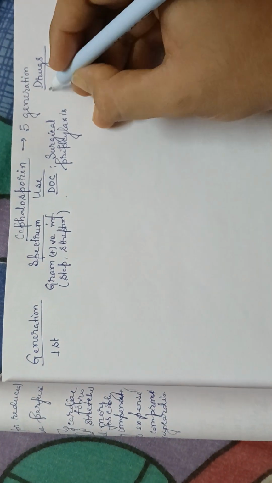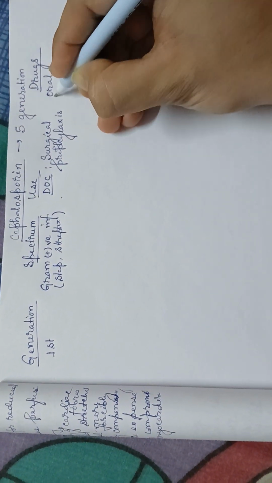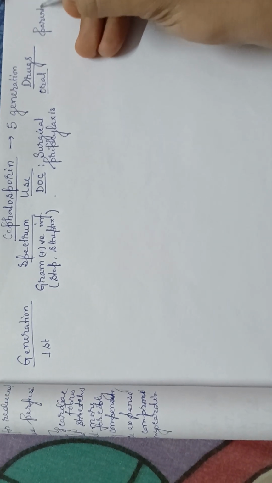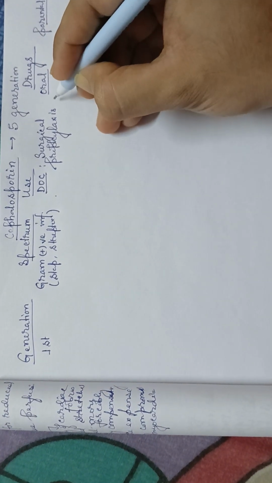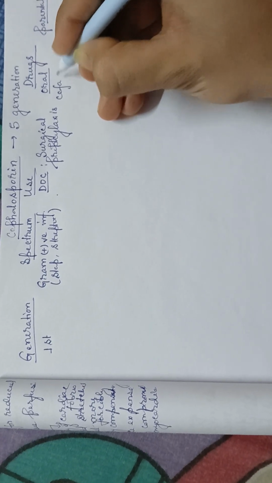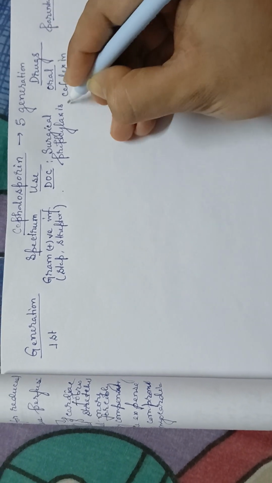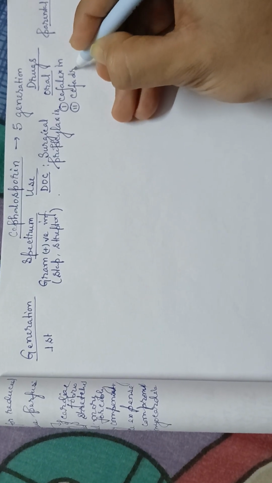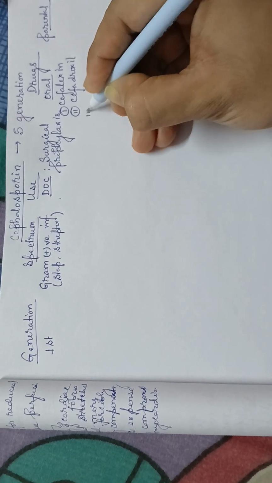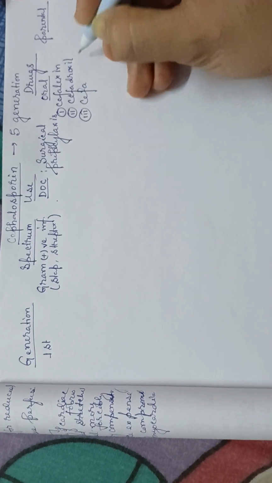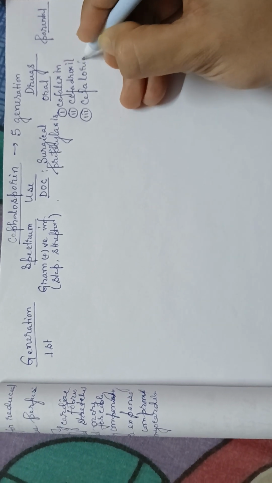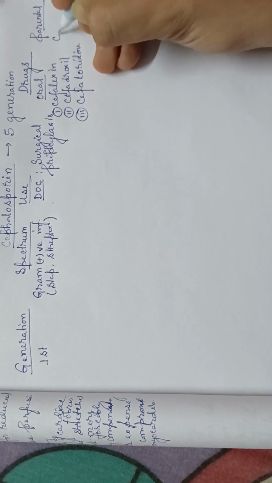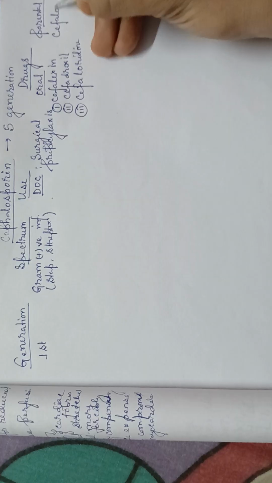Drugs: we have two modes of administration, oral and parenteral. In the oral group, there is cephalexin, cefadroxil, and cephaloridine, and in the parenteral group only one drug we have to remember, cefazolin.